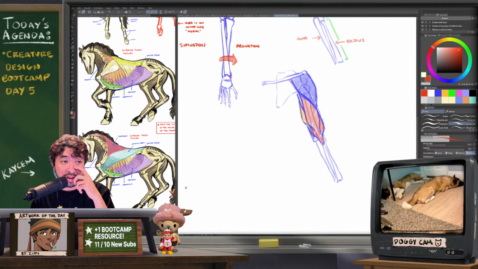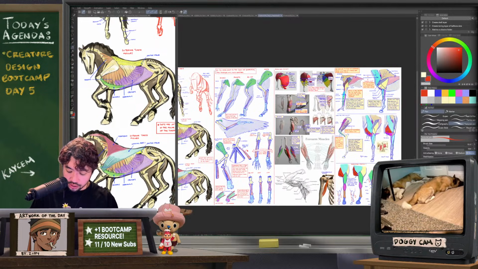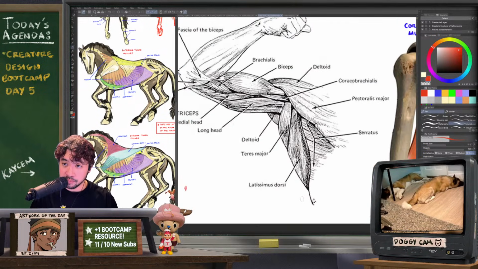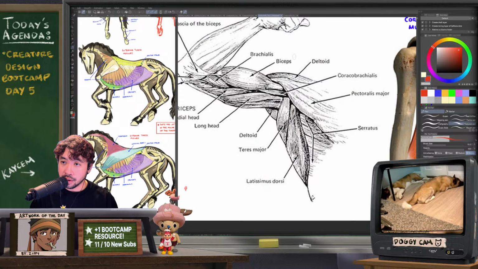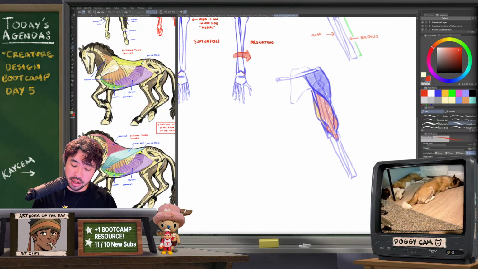Not all, but I think there are some animals who don't even have it. So realistically, we're going to talk about the ones that are most important, the ones that are most visible. On the cheat sheet, though, we do cover it a little bit. So you guys can see that right here. There's a little diagram for it. And on top of that as well, you can also watch the Bootcamp from the other Bootcamp series.